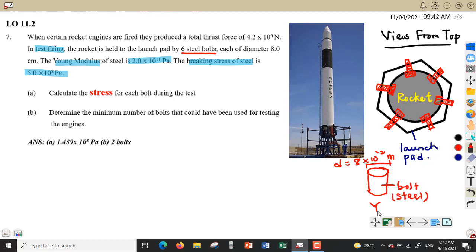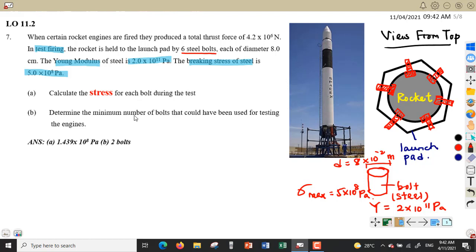So, the Young modulus of the material is 2 × 10^11 Pascal. So, the breaking stress, the maximum stress the steel bolt can resist, is 5 × 10^8 Pascal. Okay, so we want to find the stress for each bolt.